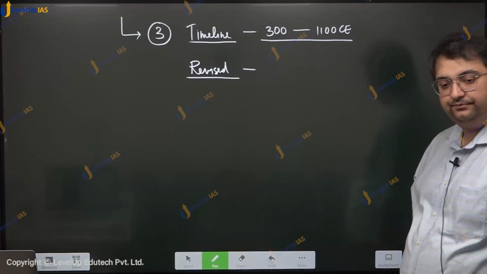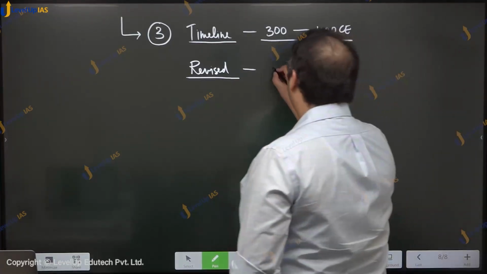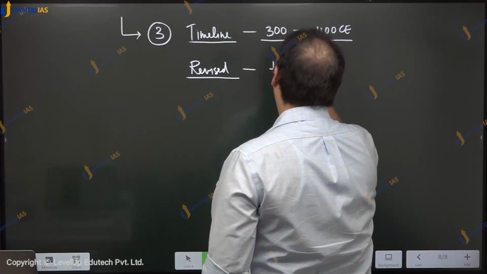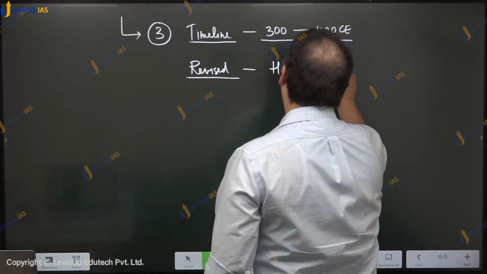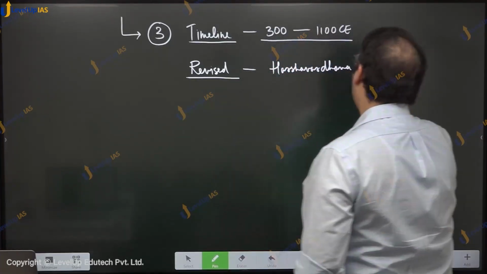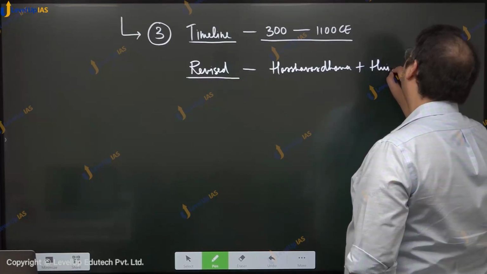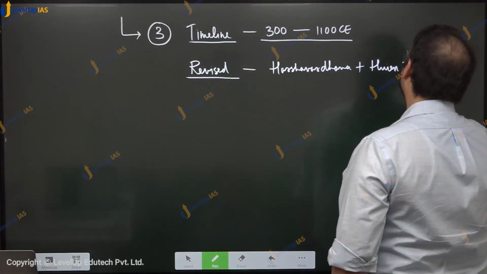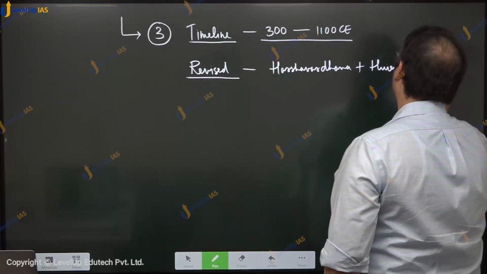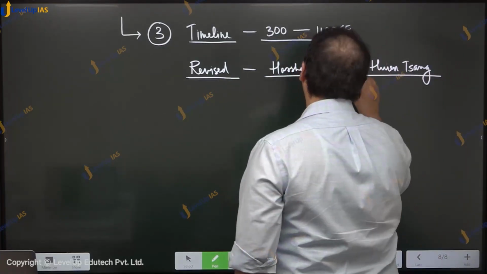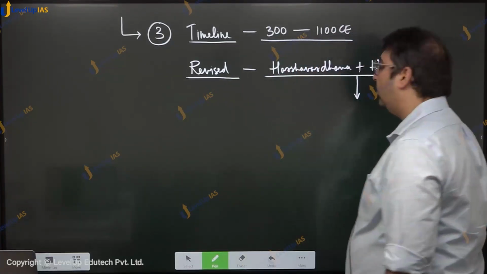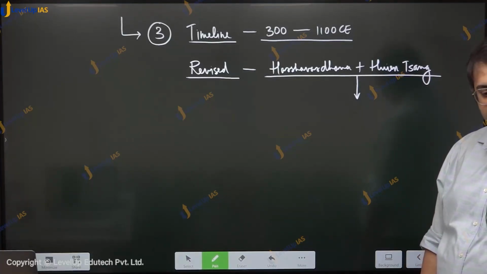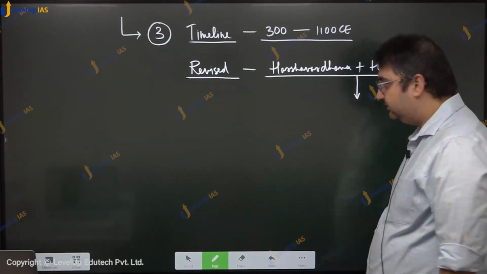कैसे पता हमें? That Harshvardhan and Huen Sang have both provided details about flourishing cities or declining cities? Flourishing cities.